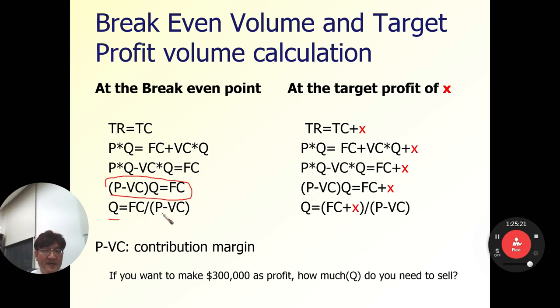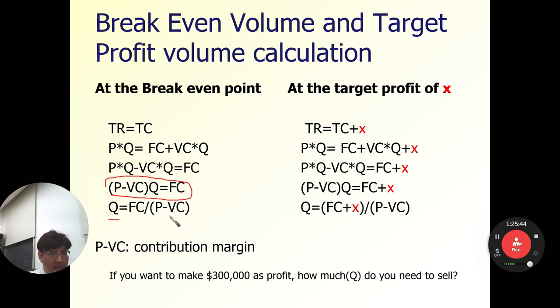Then your goal is to eat up this fixed cost with the cash flow, the contribution margin. If the two amounts are equal, you reach the break-even point, right? In that sense, the break-even quantity is the fixed cost divided by the contribution margin.